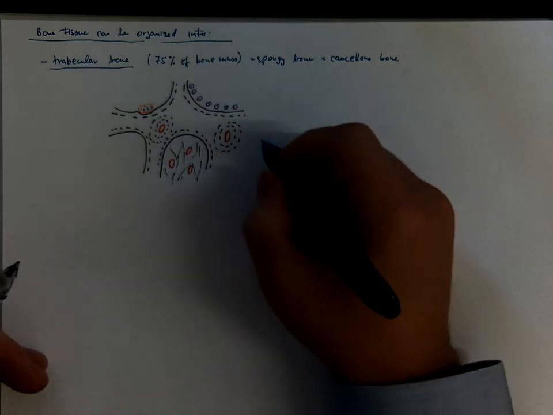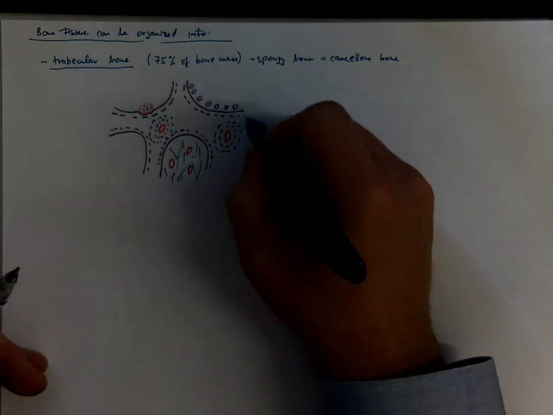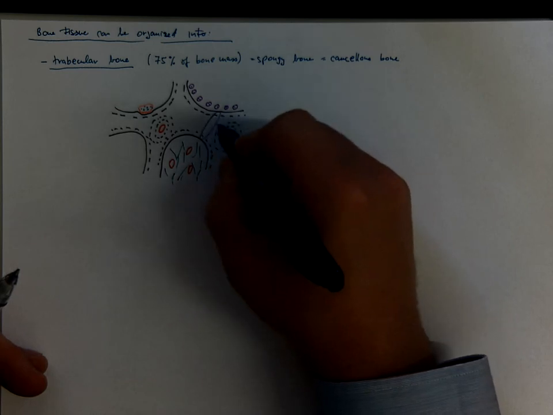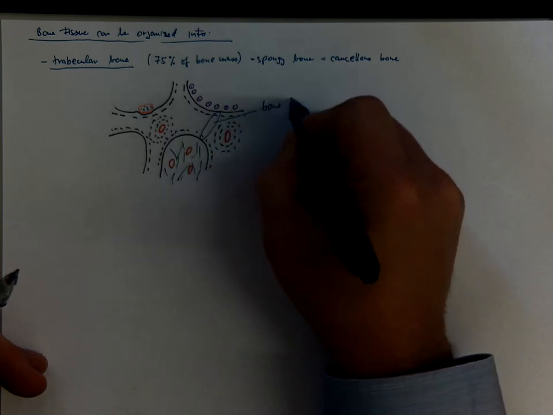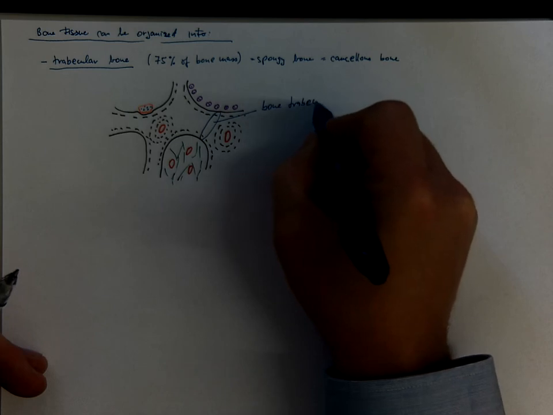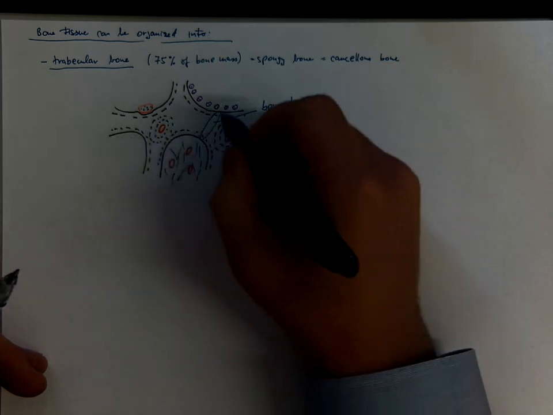So these are the bone trabecules. This is one of these bone trabecules.